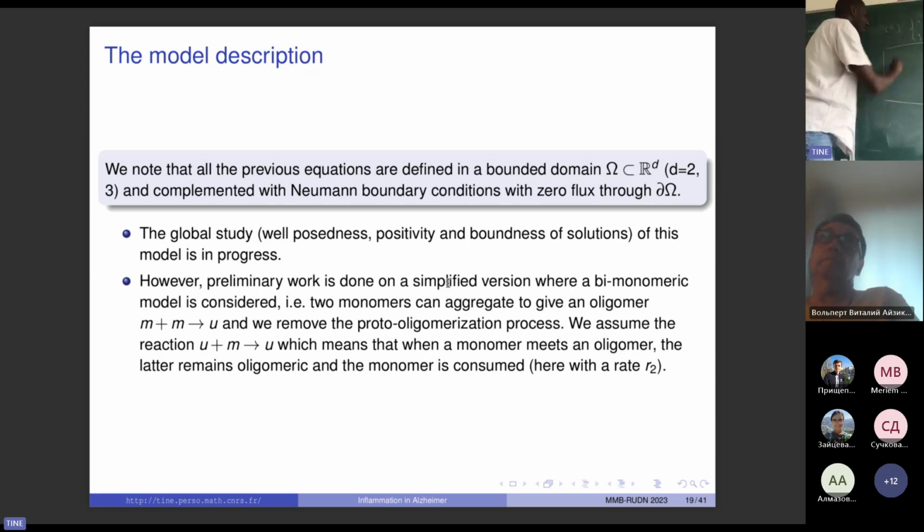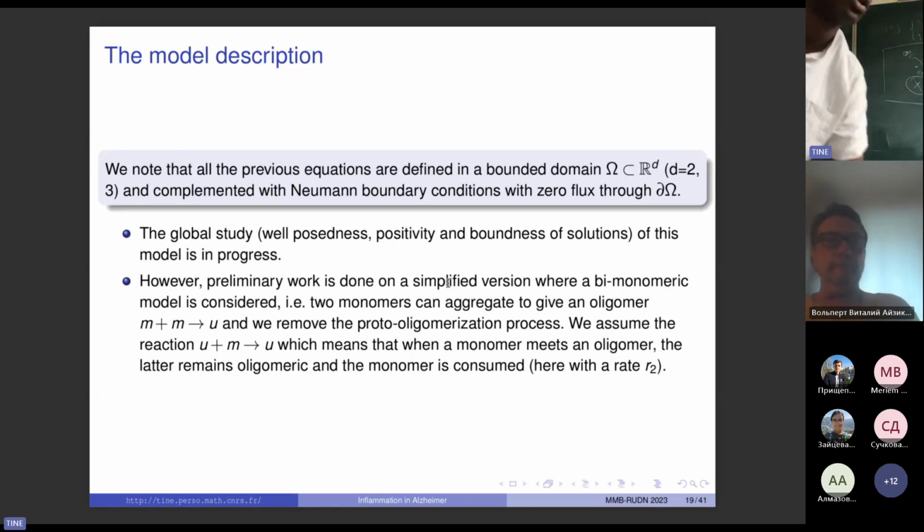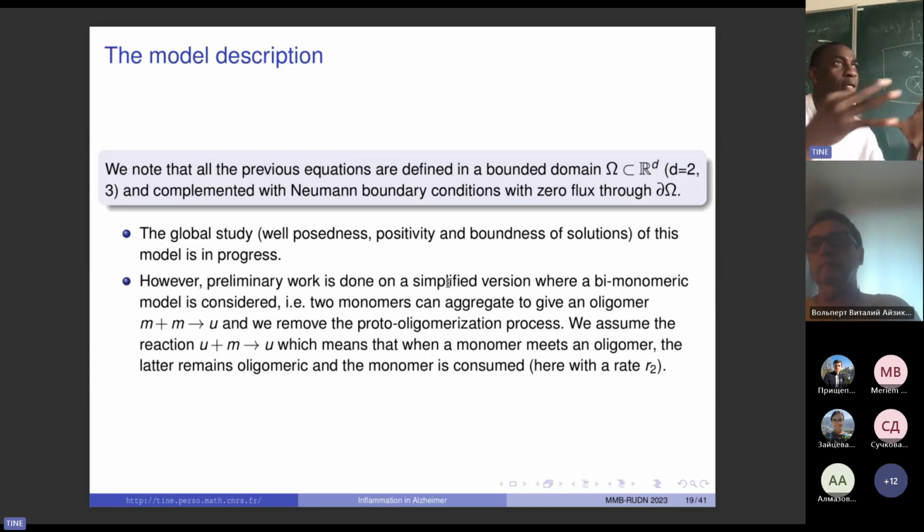We say, okay, this is our brain, and of course you have neurons here, you have all your proto-oligomers, your oligomers here, your oligomers can form proto-oligomers, etc. This is a very simplified modelization because we are not for this time able to take a very real form or a very real area for the brain.